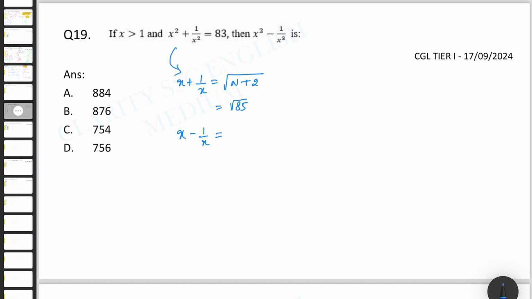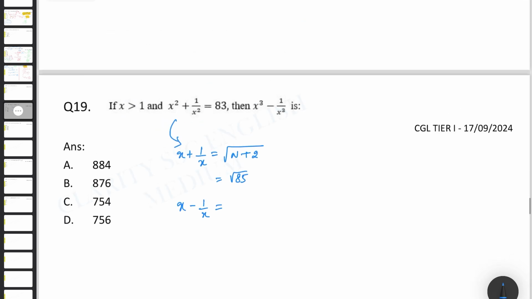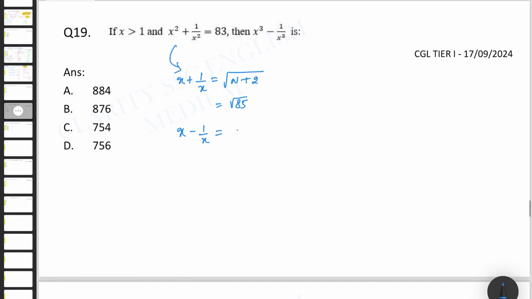x minus 1 by x is nothing but root over 85 minus 4, which is equal to 9. And again, with x minus 1 by x, find x cubed minus 1 by x cubed. Once the minus is known, then we can find the value of the cube.